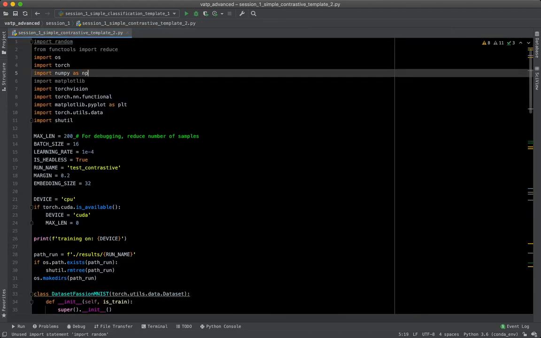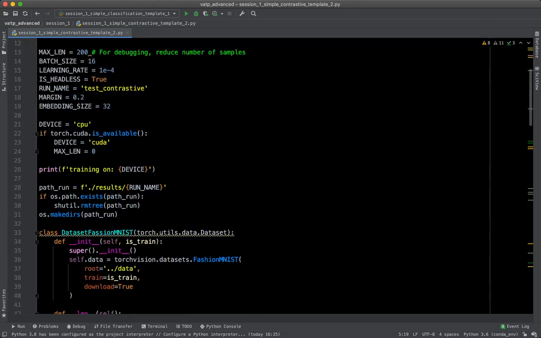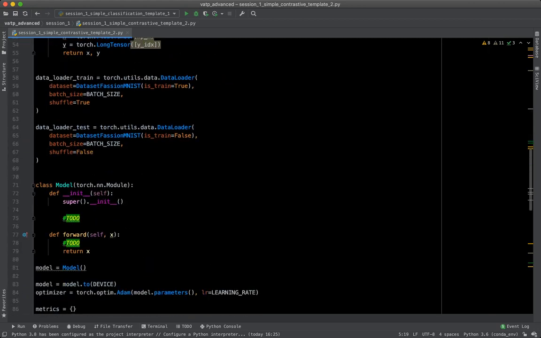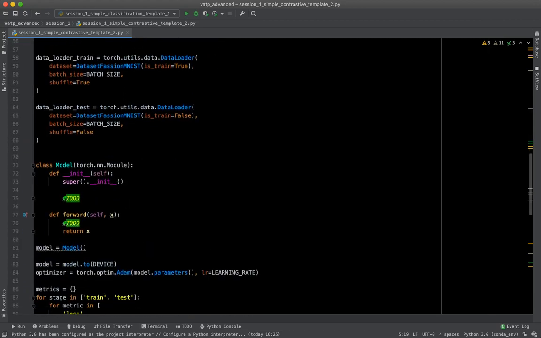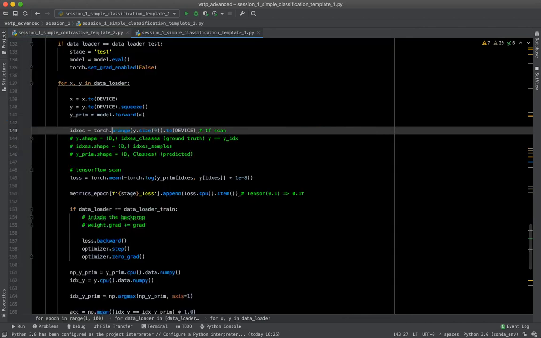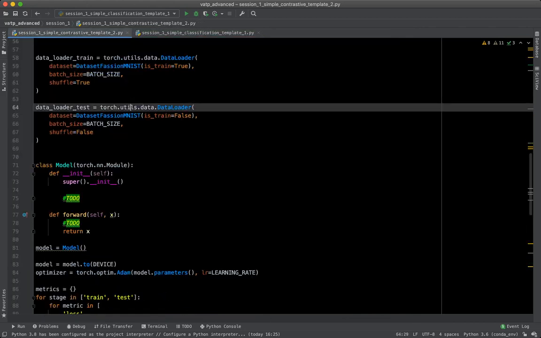Very similar to the first one. Just there will be a few changes. For the model code, we will be able to copy quite a few things from the first one, and then we'll need to change a few things. The training part will be a lot different, but we'll get to that step by step.